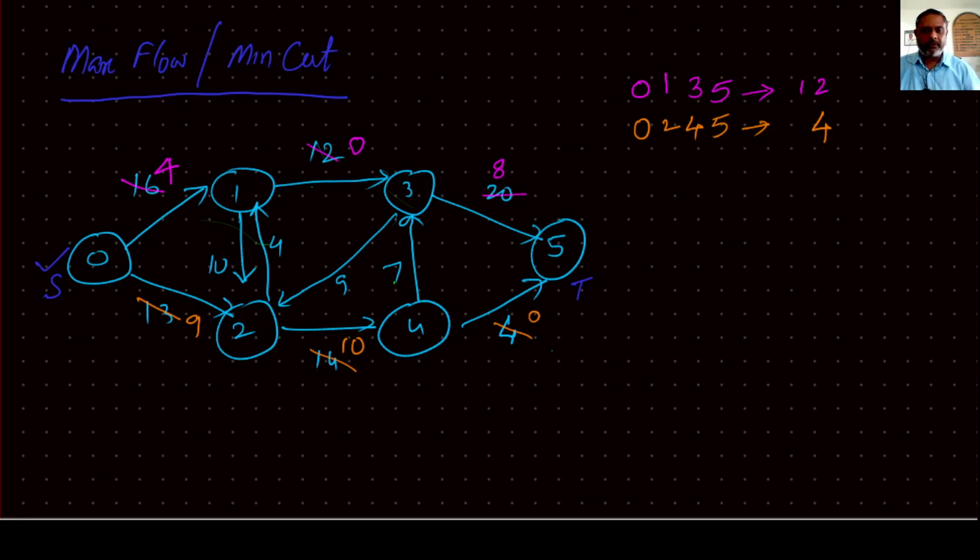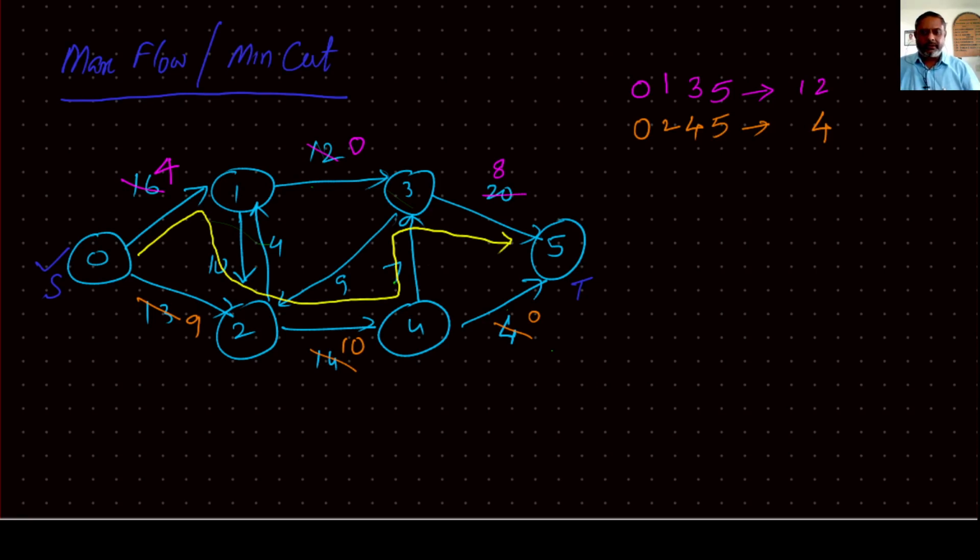From 4 you cannot go to 5. Therefore, what you can do is take this path: 0 to 1, 1 to 2, 2 to 4, 4 to 3, and this way.